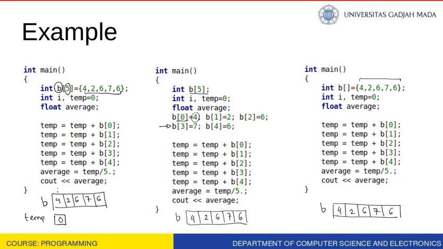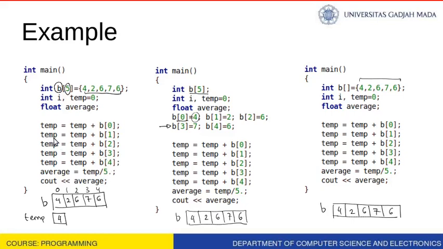So this is the 0th element, first element, second element, third element, and fourth element. So what is b0? That is 4. So 0 plus 4 will be 4. So this temp variable becomes 4. Okay?